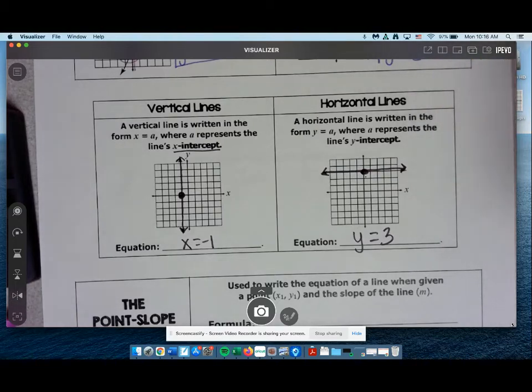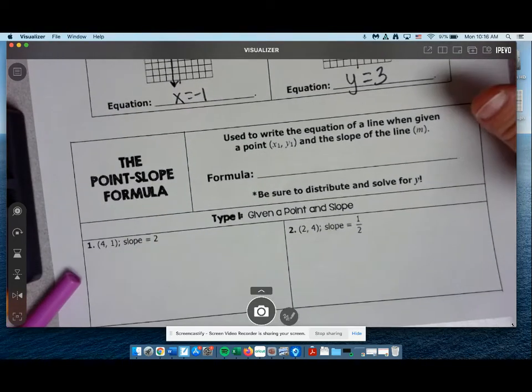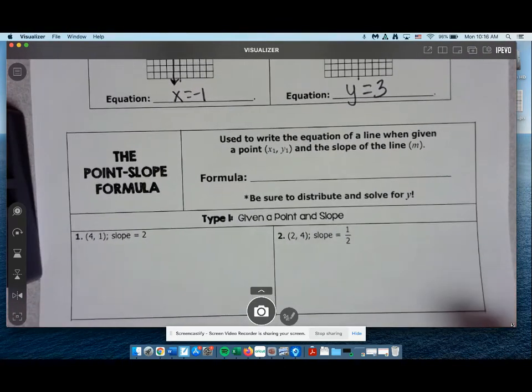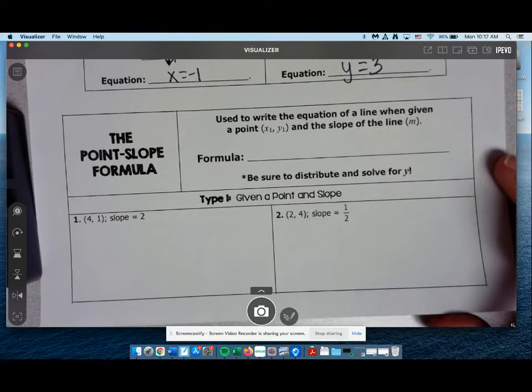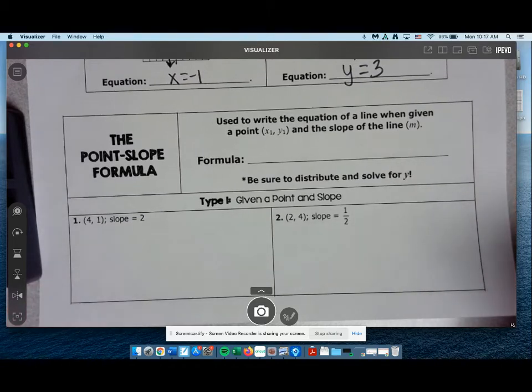Okay, cruising right along here, running out of space on my desk in the math office. We have point-slope form. Now, point-slope form is a formula of the line when you're given a point and the slope of the line.